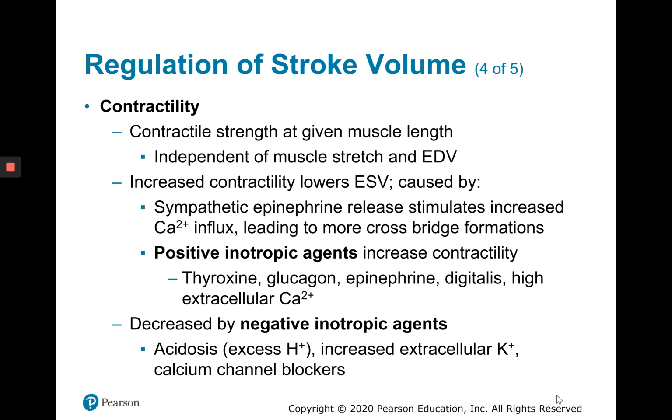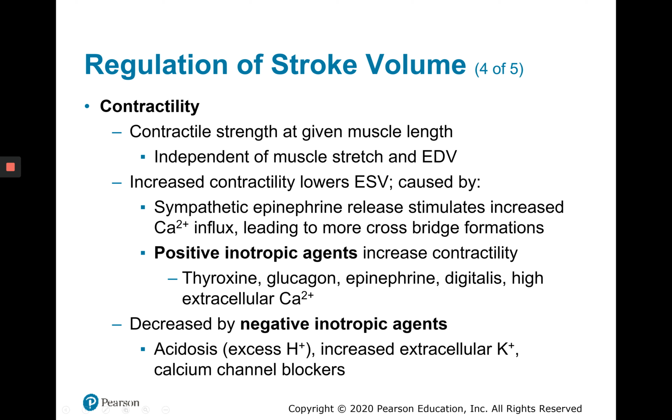Next, let's look at contractility. Contractile strength at a given muscle length is readily established by looking at how cardiac myocytes contract, which we've done prior. We know that contractility is independent of muscle stretch, independent of EDV or end diastolic volume, but increased contractility does lower ESV, and that's caused by sympathetic epinephrine release.